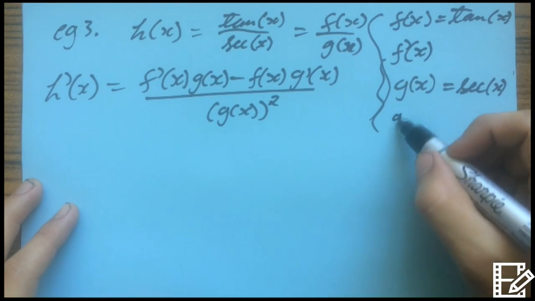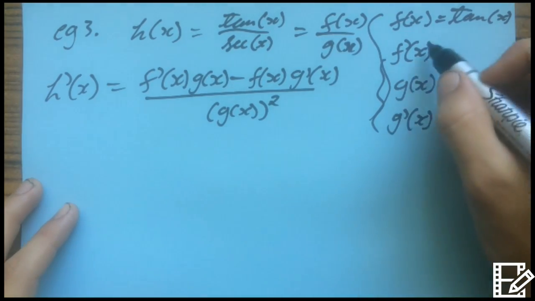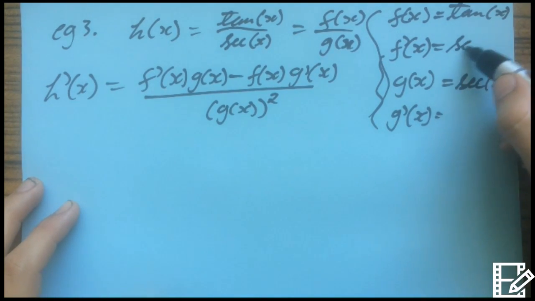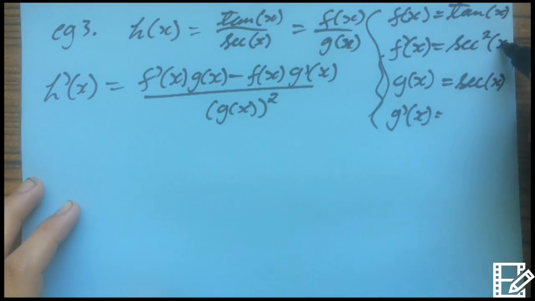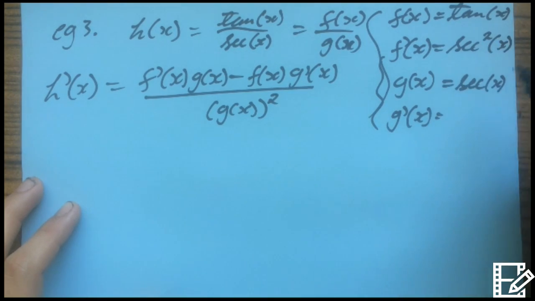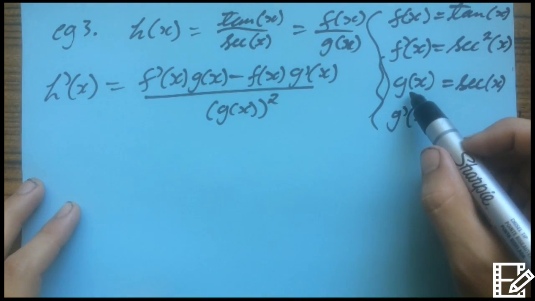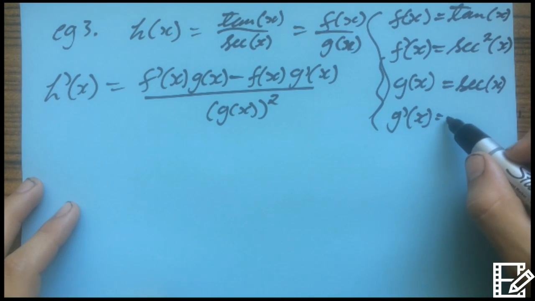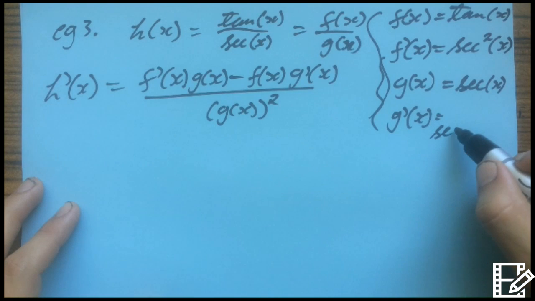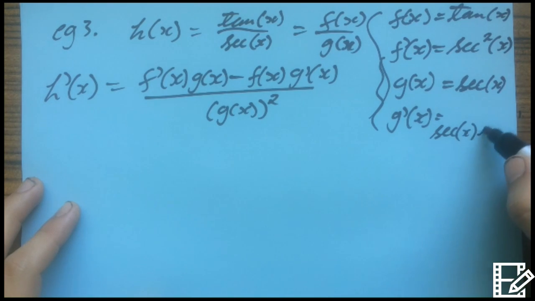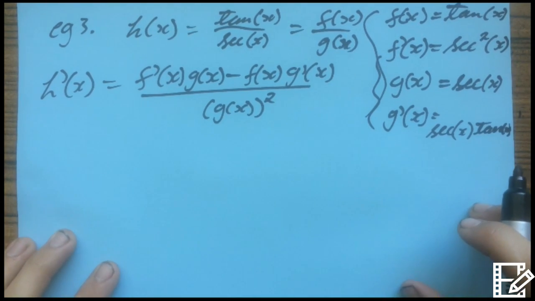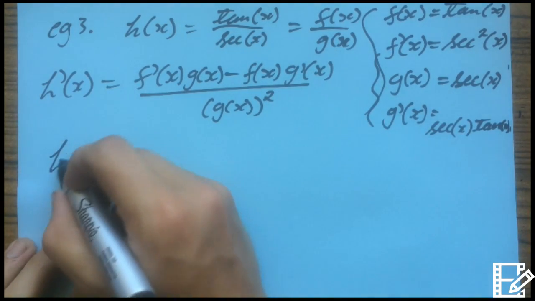So, like before, we find the derivatives of f(x) and g(x). Derivative of f(x) is sec squared x, because the derivative of tan is sec squared x. g(x) is sec x, so g dash of x is sec x multiplied by tan x. Oh, that's a tight fit. So we sub this in.